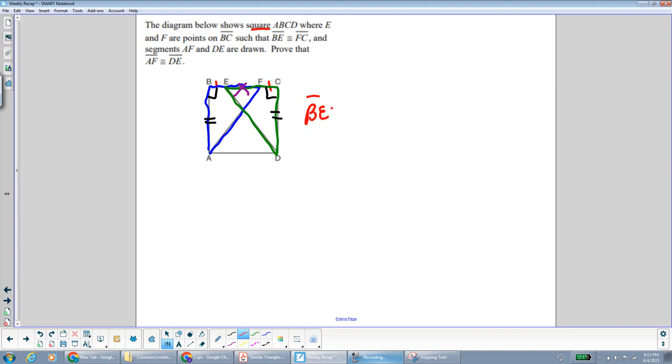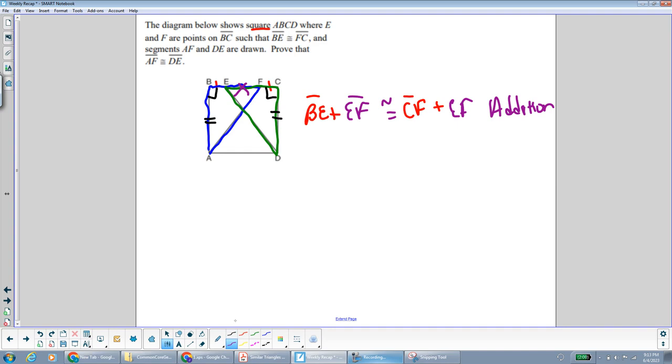So if I was writing this up in a proof for just the addition postulate part, one of my steps would be BE plus EF is congruent to CF plus EF. And my reason for that would be, oops, I'm writing subtraction, but that's addition clearly, addition postulate.